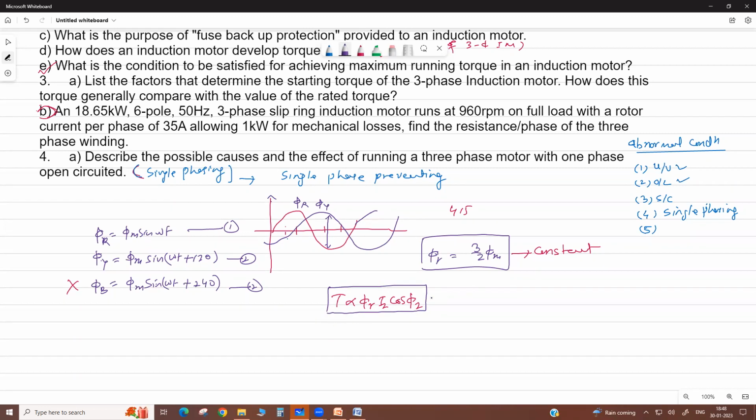Then if there is a continuous load on the motor, it gets heated, because it does not get the rated voltage when one phase is absent. Second, when only two phases are present, a negative sequence component will come.